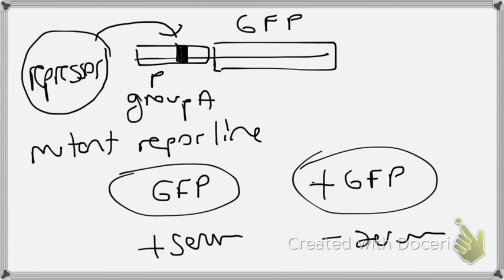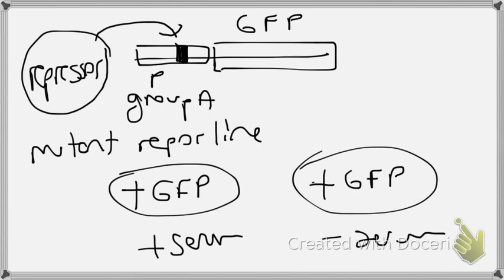And then when you mutate this repressor's binding site, the expression upon serum addition, what do you expect? It's going to be the same because you lost that repression, right? And this is how you can test if a sequence is important for the repression of a gene, right?